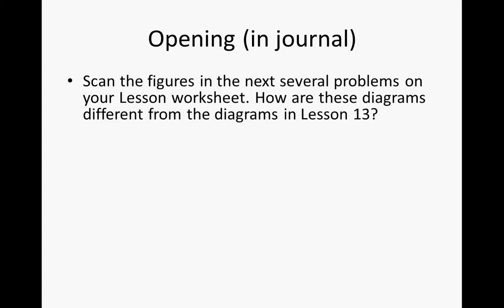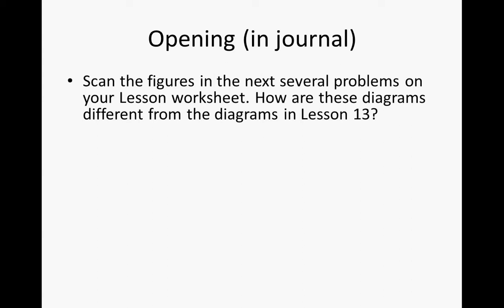So the opening we're going to do is in your journal. Go ahead and scan the figures in the next several problems on your lesson worksheet. How are these diagrams different from the diagrams in lesson 13? Alright, you should be done looking at those figures.